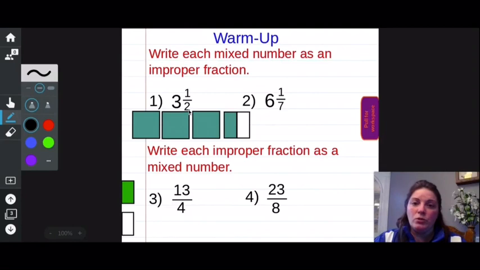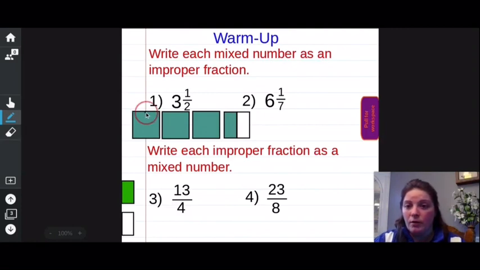So since my denominator is a 2, and we can see that this fraction is already cut up into 2 equal parts, we're going to go ahead and do that for all of these wholes. So I'm going to cut all of these in halves. Now, to find out how many halves there are, let's count.